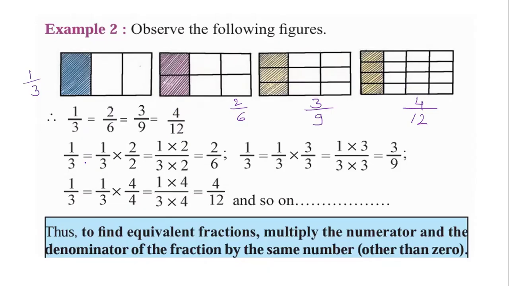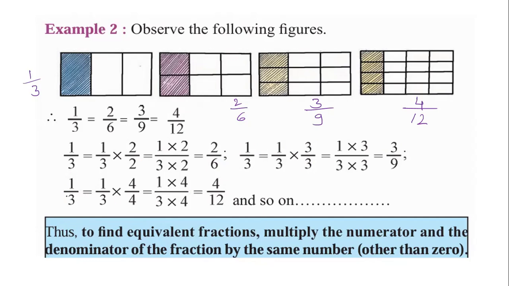That means 1 by 3 is equal to, if we multiply the numerator and denominator by 2, we get 2 by 6. Next, the same fraction 1 by 3, if we multiply numerator and denominator by 3, we get 3 by 9.